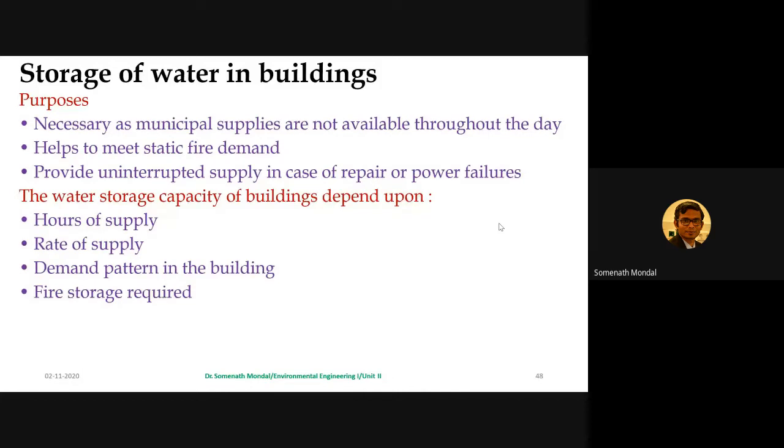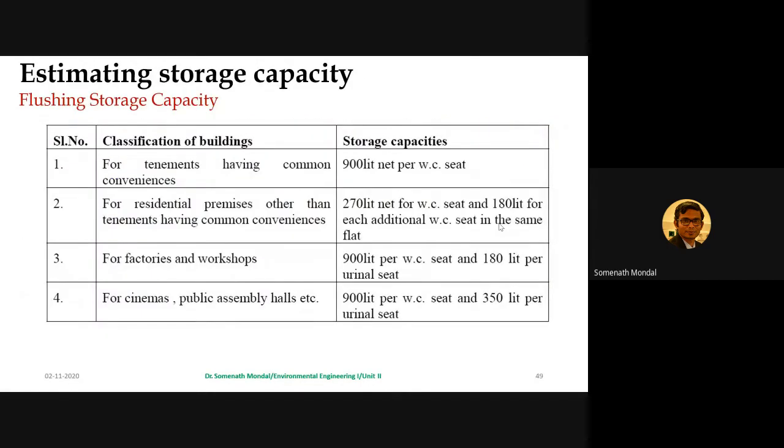Now there are some codal provisions associated with the storage capacities, and in India we have IS 2065 1963. According to that we have a classification of storage capacities required for different types of buildings for different purposes.